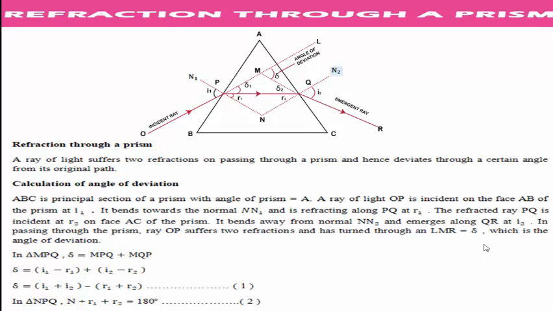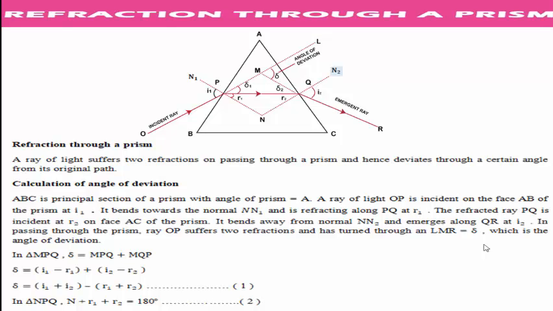It bends away from the normal N2 and emerges along QR at I2. In passing through the prism, ray OP suffers two refractions and has turned through an angle LMR, equal to the deviation, that is delta, which is the angle of deviation.